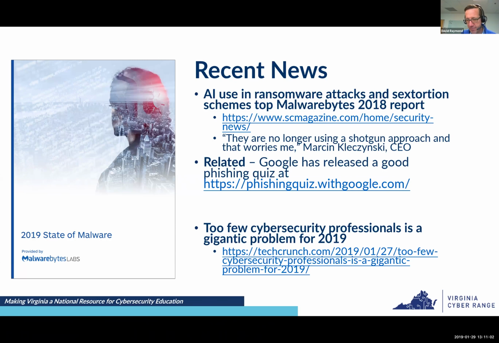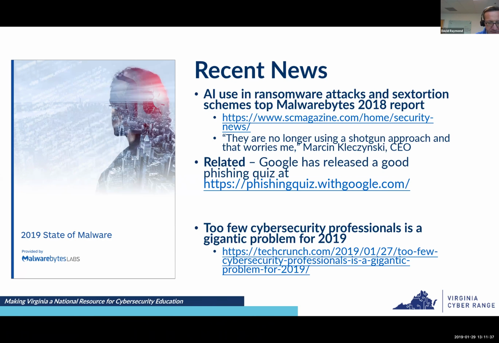This is one of many annual reports that comes out from various cybersecurity companies, and there's lots of these. McAfee does one, Symantec, Sophos, CrowdStrike, a bunch of these companies do an annual report that talks about trends that they've seen over the last year in terms of malware and different kinds of attacks.